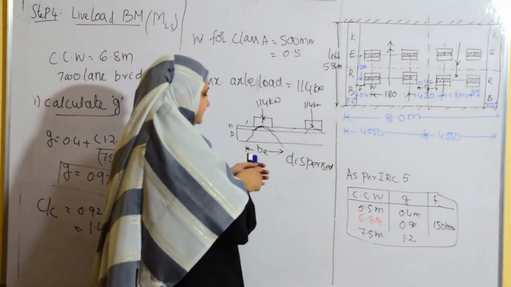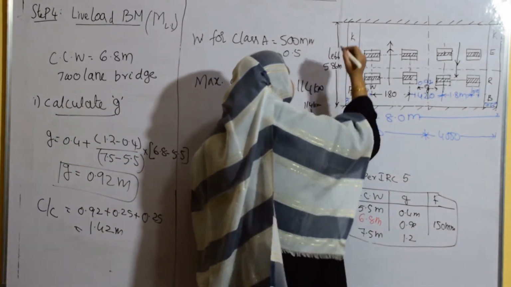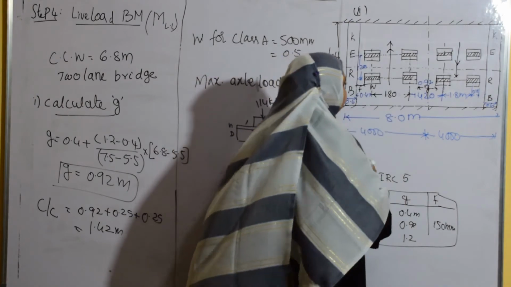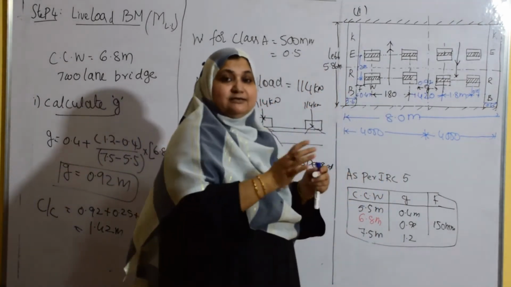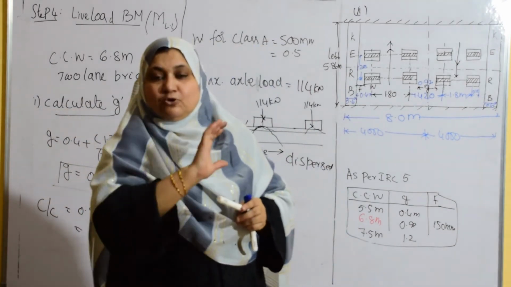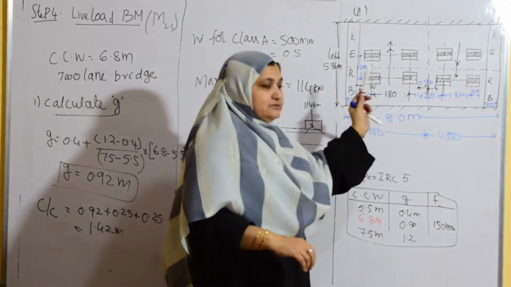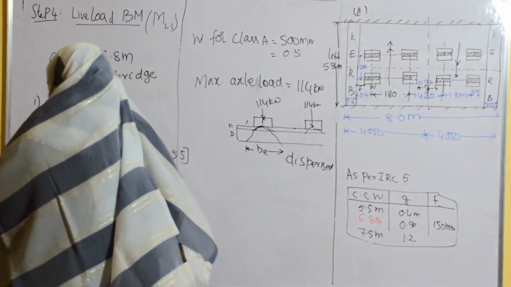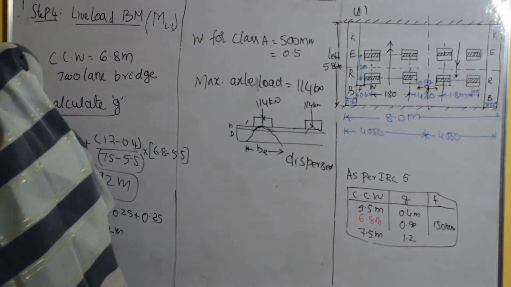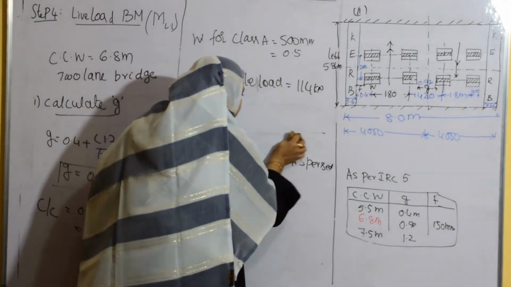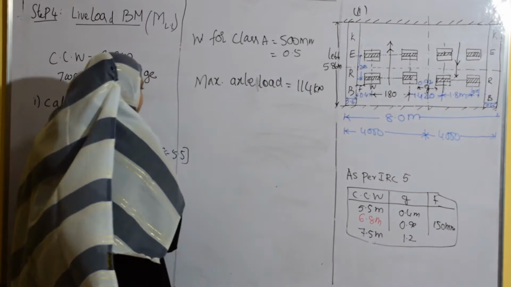In the second step, we placed the wheel loads symmetrically about the centroidal axis and calculated the center to center distances. Now in the third step, we will find out the effective width.